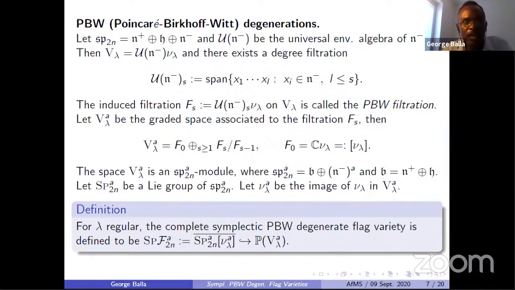This is again the action of this group on this highest weight line, and we take the closure. So from the side of rep theory, this is the complete symplectic PBW degenerate flag variety. But as it is now, it is difficult to do geometry on it. So again, we shall run back to linear algebra to make it more explicit and easier to work with.